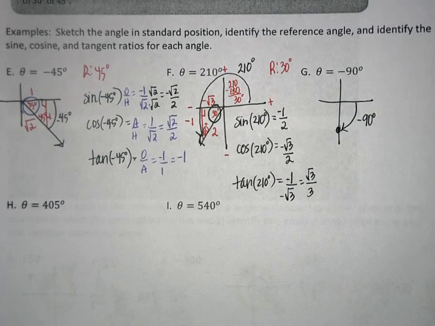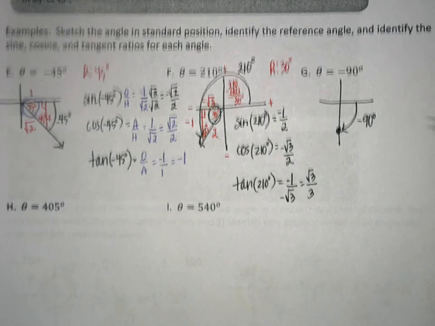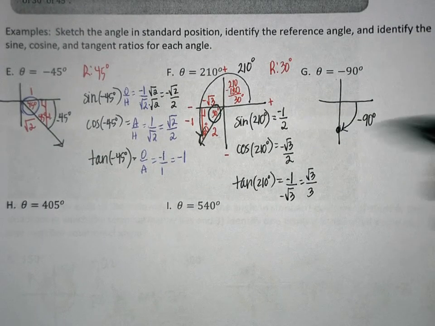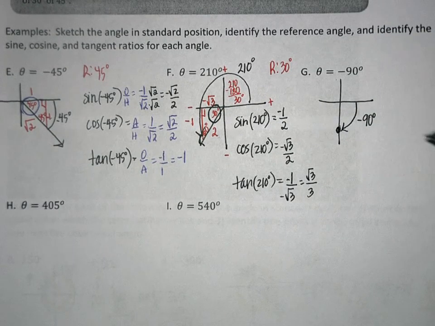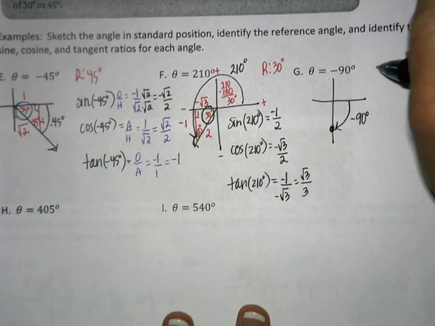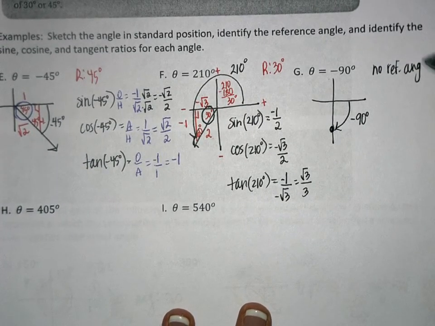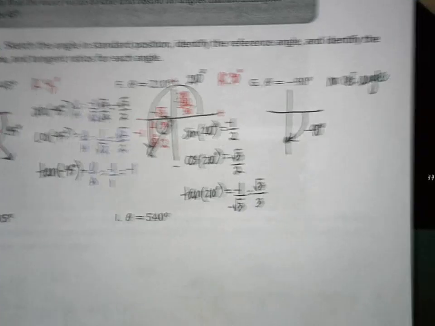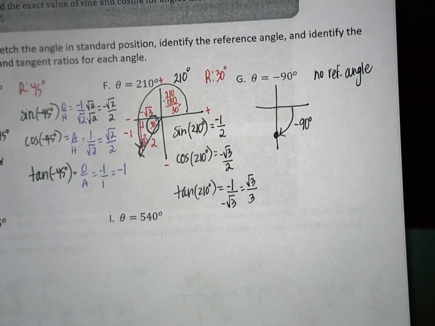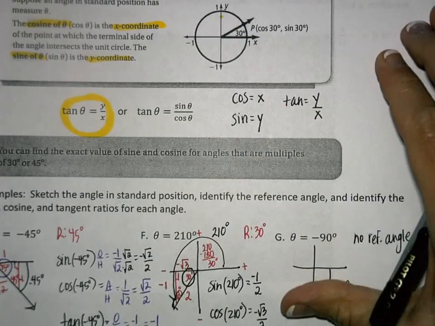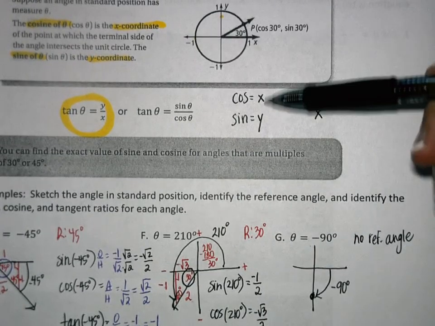There is no reference angle for any of the points that end up on your axes, okay? And so we're going to write no reference angle. And this goes back to what we talked about at the beginning of this page, where cosine is x, sine is y, tangent is y over x.